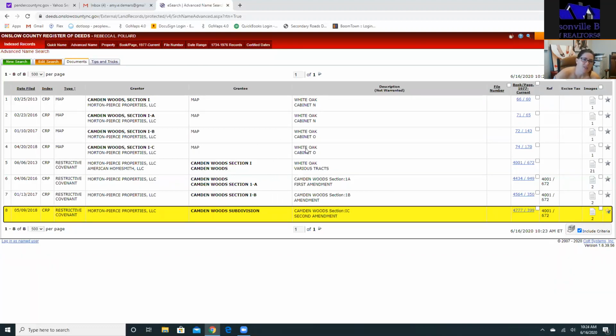All right, so after we've done that, we've seen that we could start with the property, we could start with the book and page, and in general, if you were to type in, like we did, this book and page, it is going to also pull up the things associated with it. So let's say now that we have a house in 1B, 4564 350.